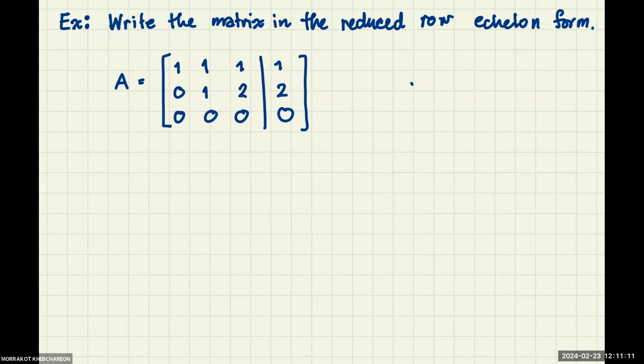Is this matrix in reduced row echelon form? You think so? Then you don't need to do anything. But suppose this system is the augmented matrix of the system AX equals B, where X is composed of x, y, and z.